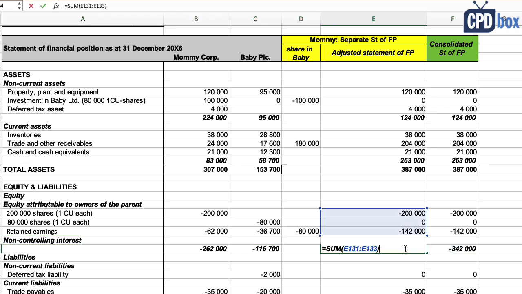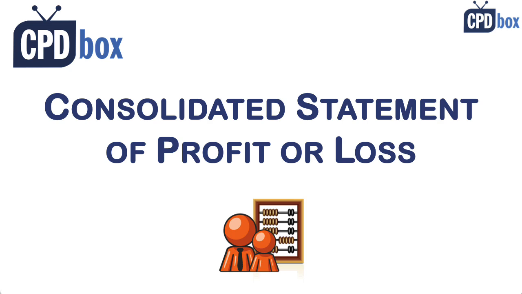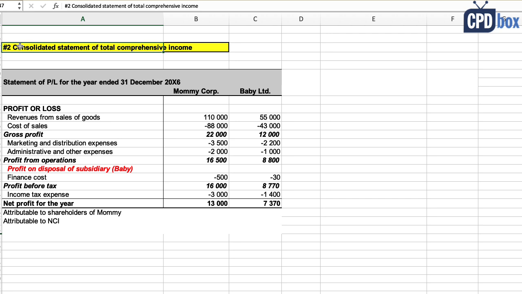Now, while balance sheet is easy, consolidated profit or loss and other statements are not so easy. So let's prepare consolidated statement of comprehensive income, in this case, just profit or loss. Consolidated profit or loss statement is not that easy, as I have mentioned, as the statement of financial position, because this statement is not a picture at the certain date, but the report about events during certain period, like a video.